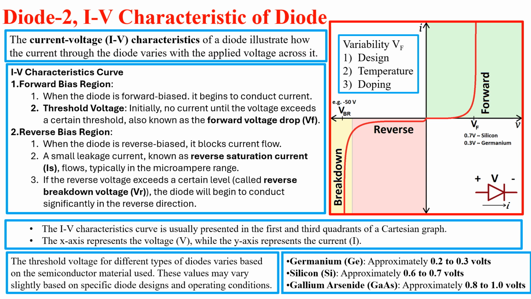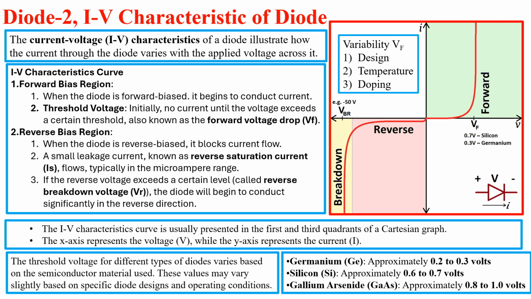Variability in threshold voltage is a serious issue when designing semiconductor-based devices where a PN junction is involved. The threshold voltage can vary based on several factors. The most important factor is the diode design itself.